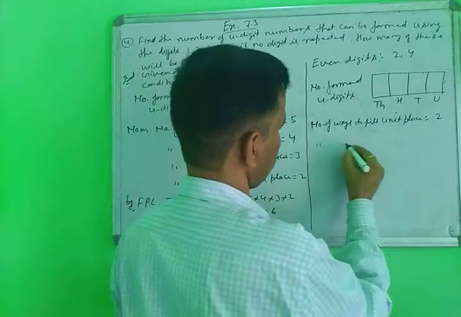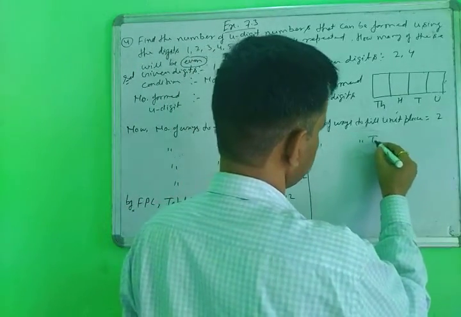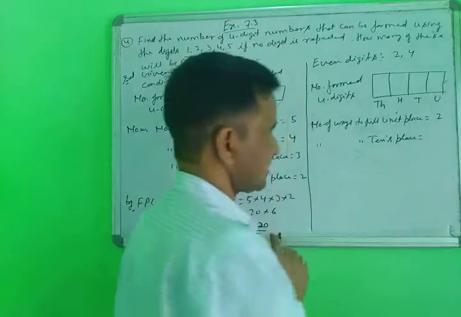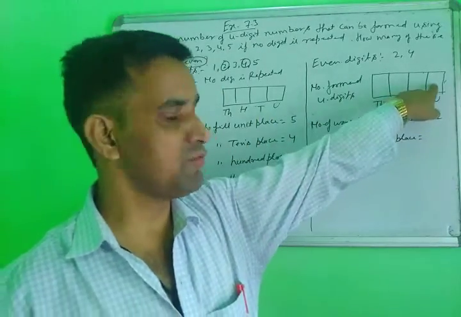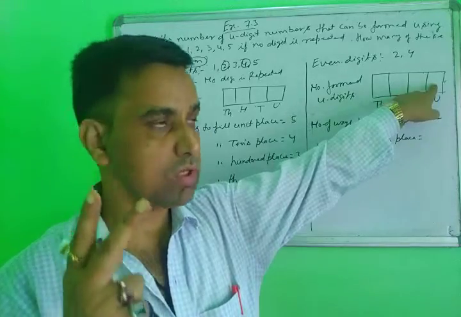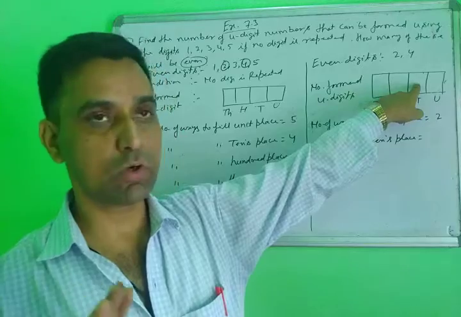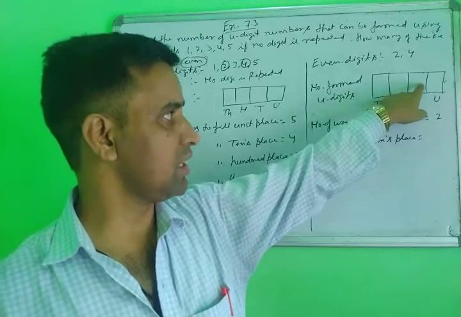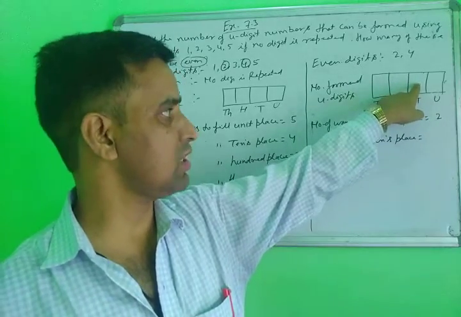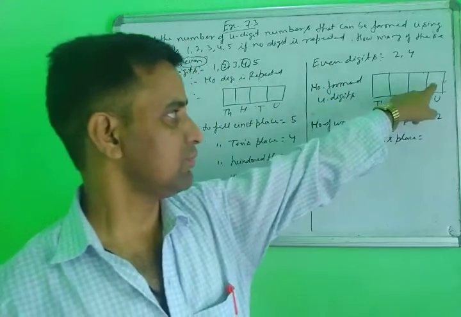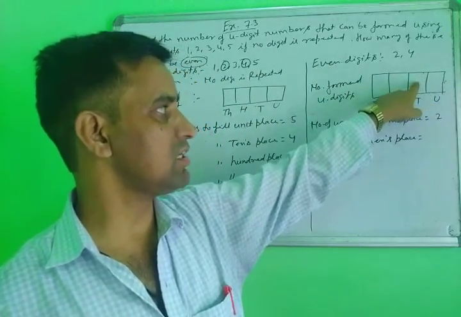Second, the number of ways to fill the tens place. The unit place you can fill in 2 ways because you have only 2 even digits. But for the tens place, no condition of even or odd is required; you can fill any digit here. Repetition is not allowed. Suppose you use one digit at the unit place. The total digits are 5, so if you use 2 here, you have 4 digits left.